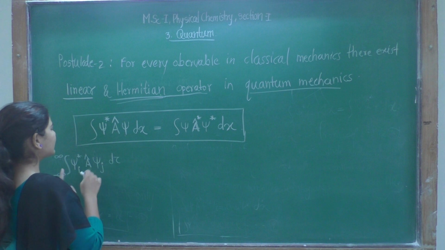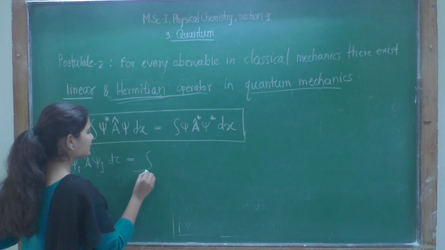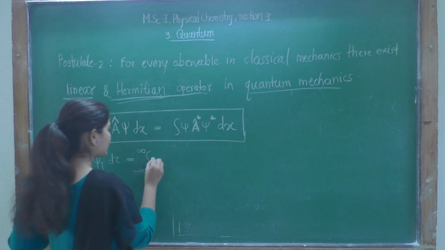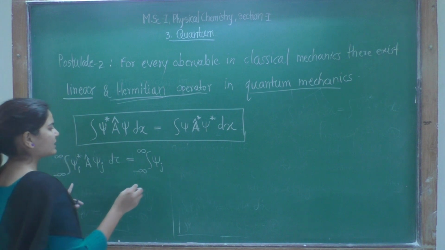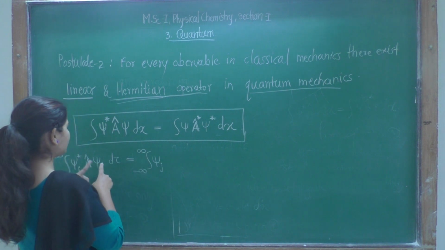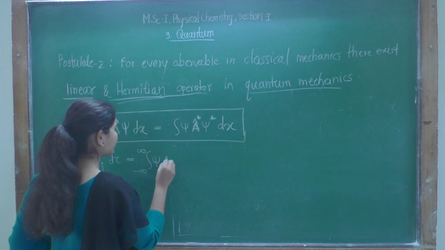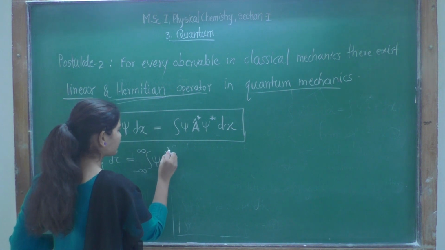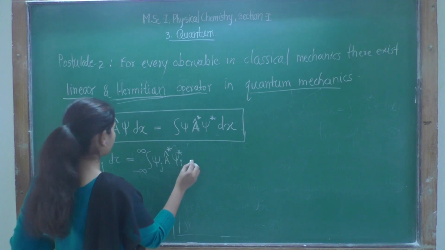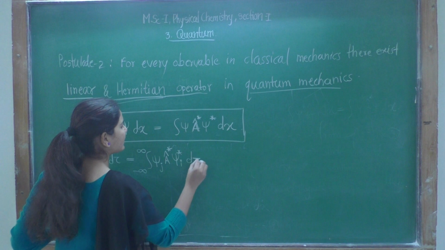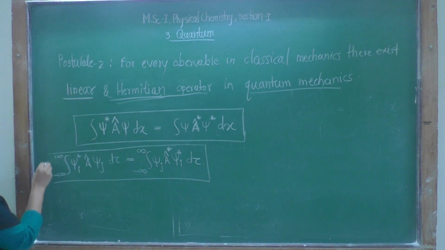D tau means dx dy dz. It can be written as integration from minus infinity to infinity, now instead of psi i there is psi j. Flip this. Psi j is as it is, not the complex conjugate of psi j. Here A cap its complex conjugate and complex conjugate of psi i again, and here d tau as it is. This is the more general definition for a Hermitian operator.